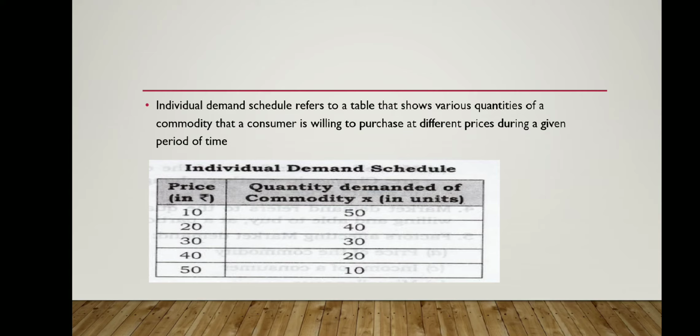At price 20 we will demand 40. When price goes to 30 he demanded 30 units. Price goes to 40 he demanded 20, and price goes to 50 he or she demands 10 units. So it shows individual demand schedule.